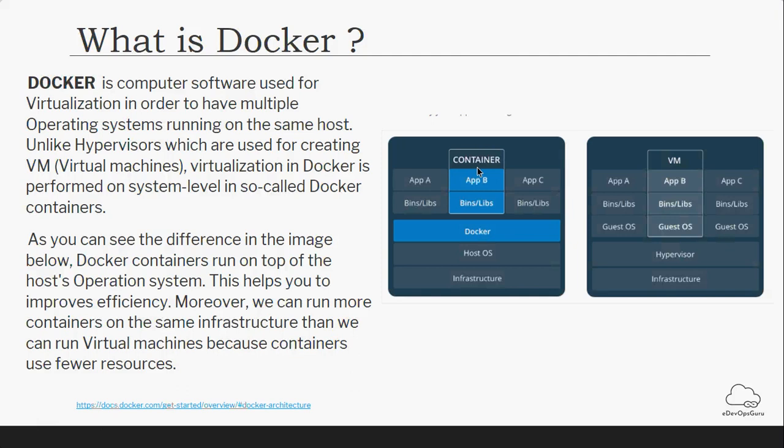Correct. So it may be possible that the application inside a container might not be doing anything. It might be just idle or waiting for some resource to be available. So in that case, just like no process scheduling happens, this container will not be executing. It will be waiting in a waiting queue.